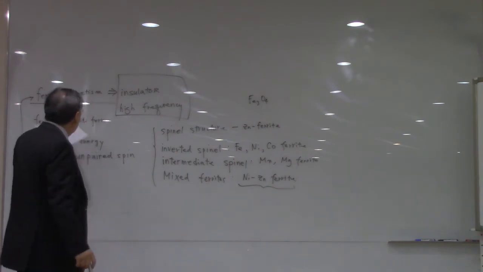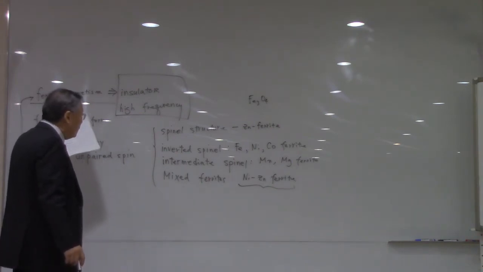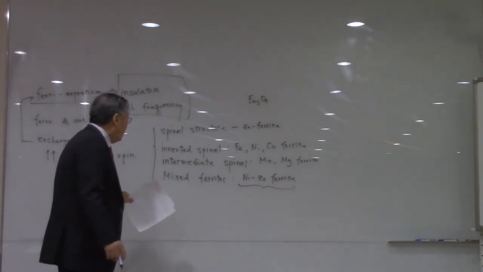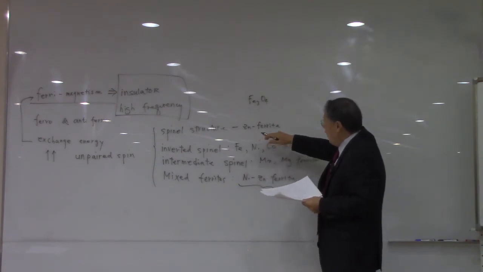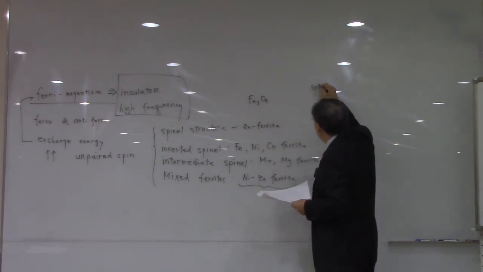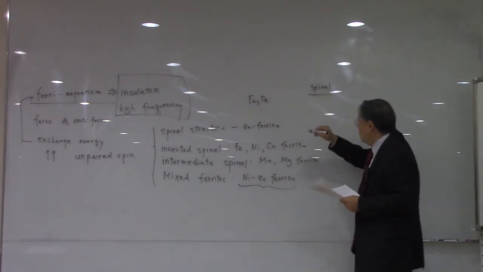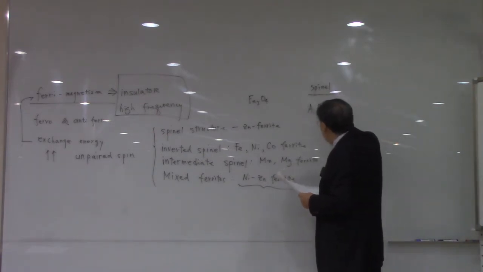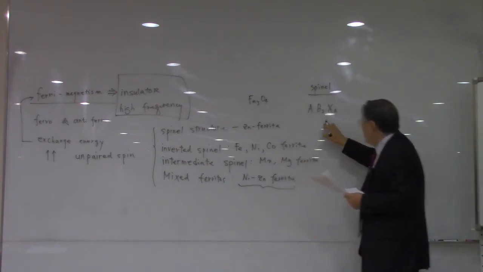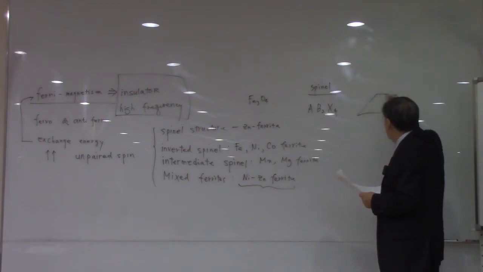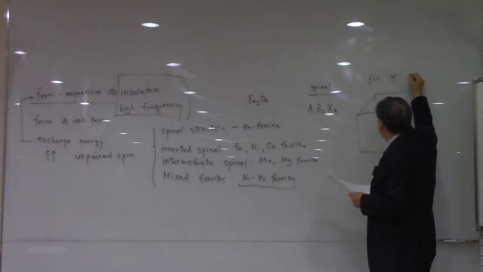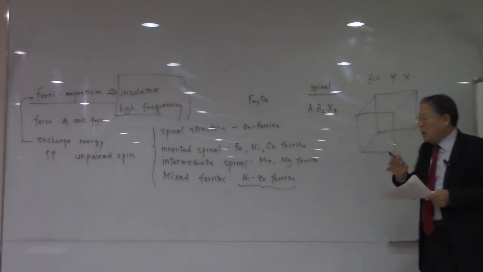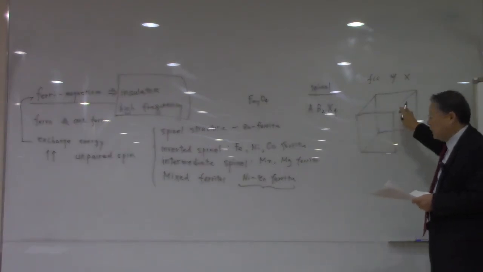And in order to understand the magnetism in these ferrites, we have to think about the crystal structure. For example, the spinel structure means that if it has a formula like this, we are constructing the FCC with X, okay? So per unit cell, we have 4 atoms in this unit cell, okay?